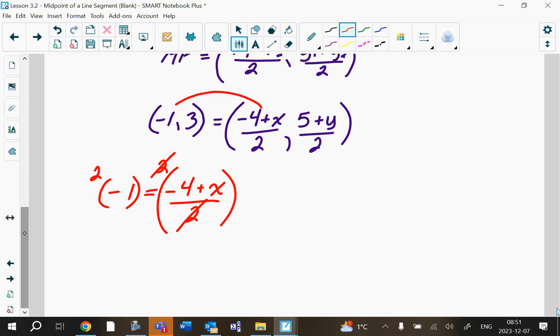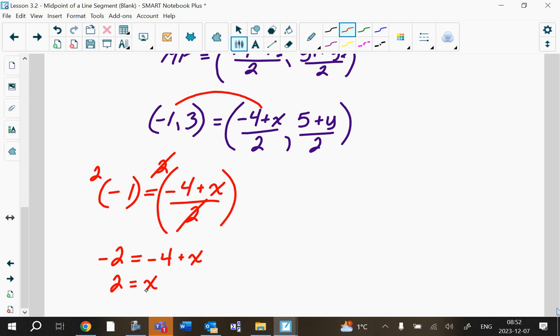So what does the equation look like when I multiply both sides by 2? -2 equals -4 plus x. Now how do I solve for x? Add 4 to both sides. So if I add 4 to both sides, I get 2 is equal to x. I found it.